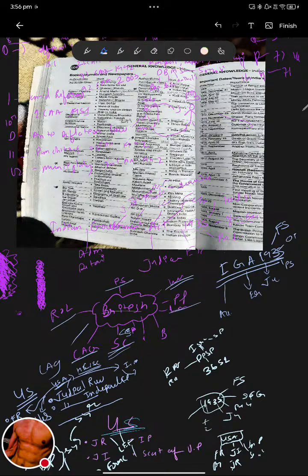Then Raja Ram Mohan Roy. Then Tilak, Kesari and Maratha. Then Devendranath Tagore, Indian Mirror, 1880. Then Ishwar Chandra Vidyasagar, Som Prakash. Then James Augustus Hickey, Bengal Gazette.